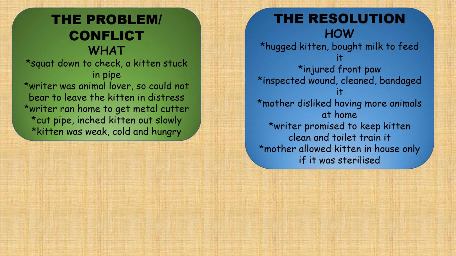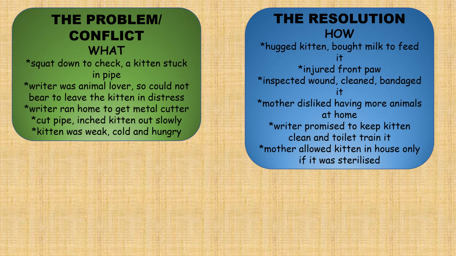Well, he took it home, but it seems like the mother didn't like having more animals at home. That means he already had quite a number of animals or pets at home, and he promised to keep the kitten clean and to toilet train the little cat. Then the mother allowed the kitten to be in the house only if it was sterilized.